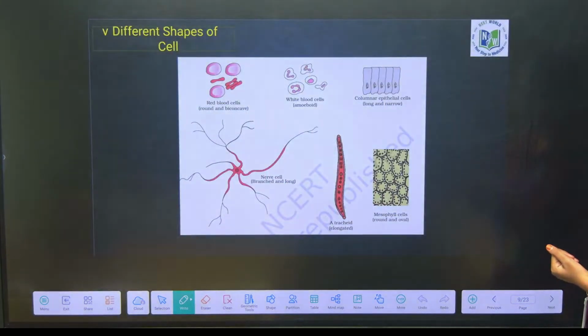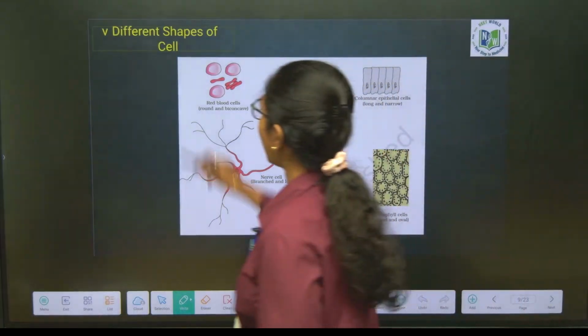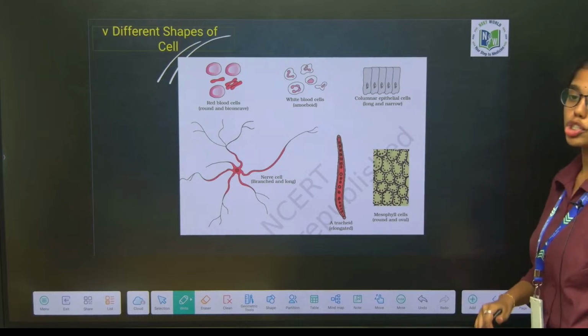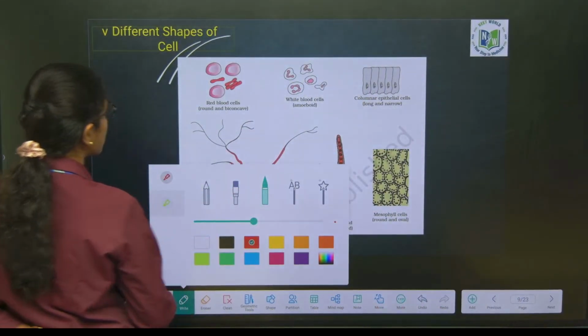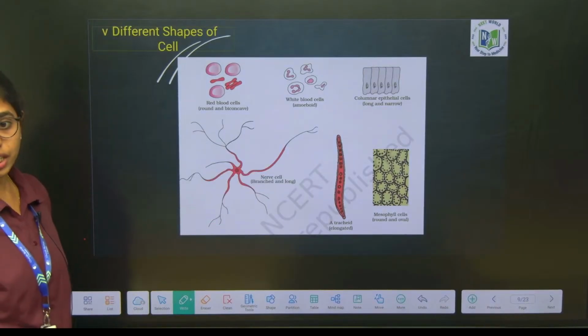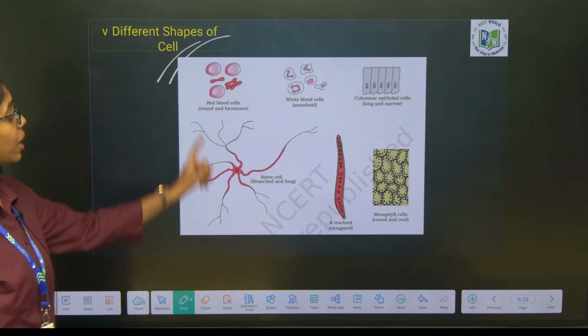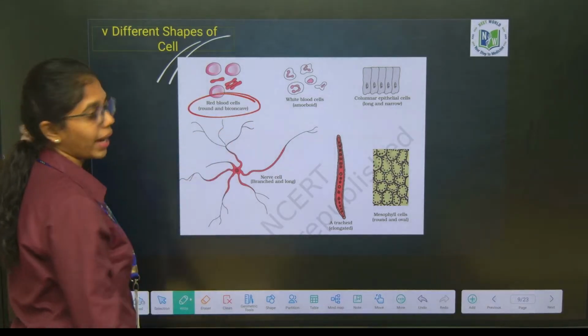And then if you see the different shapes of cells, this is given in your NCERT. We have RBC, which is round and biconcave, and do remember the progenitor cells possess a nucleus, beta. Progenitor cells which give out RBCs possess a nucleus, but mature RBCs do not have a nucleus.